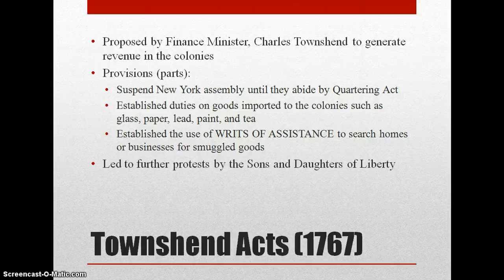It also establishes the use of writs of assistance. This will allow British officials to search homes or businesses for smuggled goods, and they don't even specifically have to say, this is what we're coming to look for. It's basically a blank search warrant. Come in your house, see if you've broken the law, and then handle it after that. Okay, so this leads to further protests by the Sons and Daughters of Liberty.